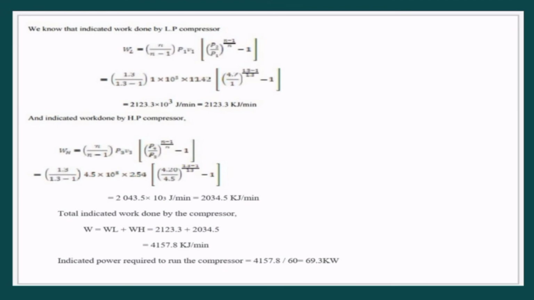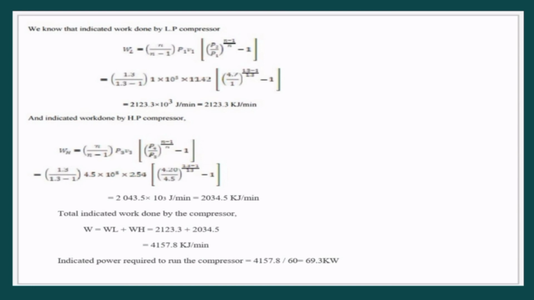We know that the indicated work done by the low pressure compressor, WL, is equal to n over n minus 1 times P1 V1 times the parenthesis of P2 over P1 raised to n minus 1 over n, minus 1.